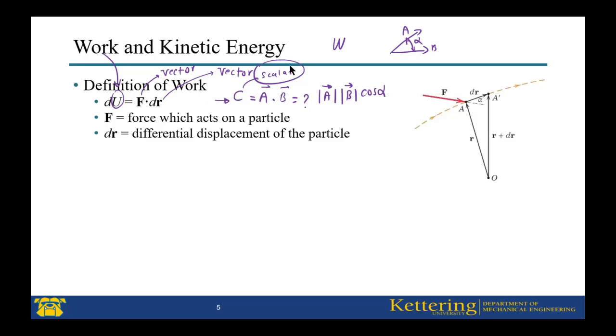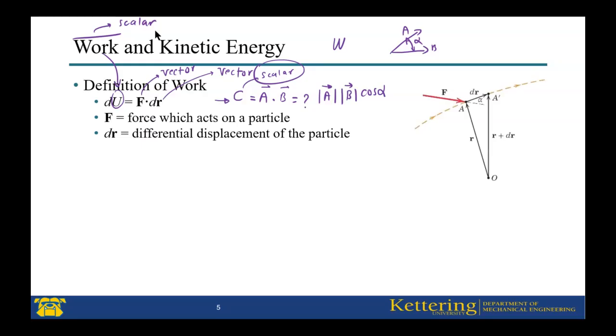Can somebody tell me? This general form I showed you, the dot product of A by B, is C. Now, how about the work? Is work a scalar or a vector? Yes, scalar. Correct. Work also is a scalar. You will see here, work is a scalar.